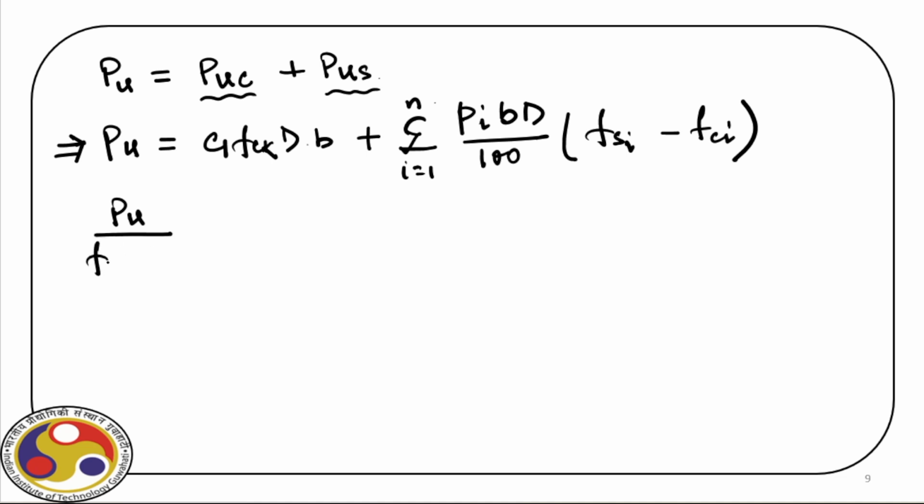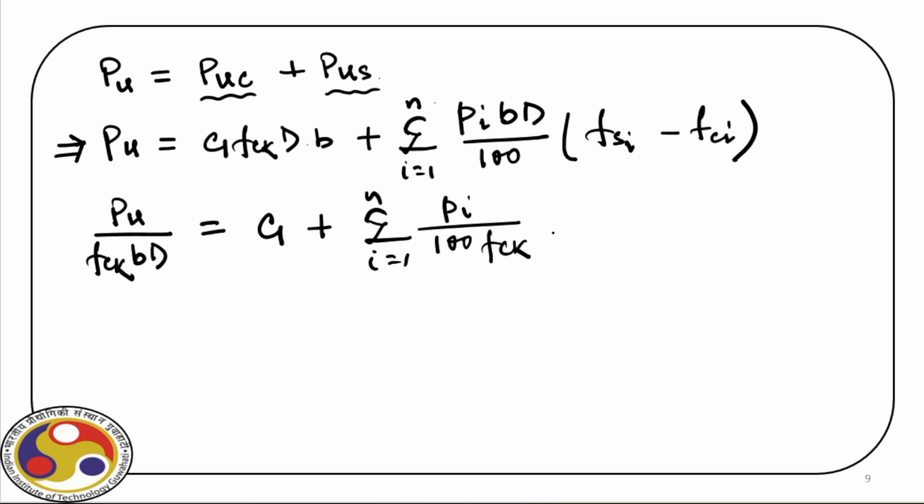So Pu by FCK BD is equal to C1 plus the sum for i equal to 1 to n of Pi divided by 100 times FCK within bracket FSI minus FCI. Right? So this expression we see in the code, where we have the contribution from steel and contribution from concrete. So this is from steel and this is from concrete.